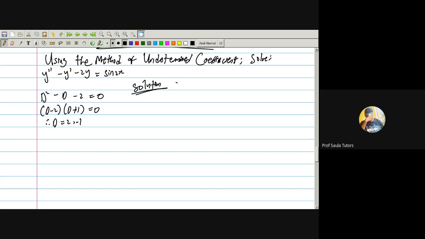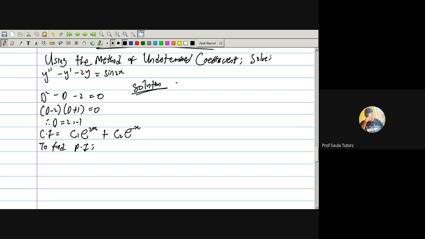So our complementary function will be equal to C1 exponential 2x plus C2 exponential minus x. We have already learned something like this. Now, the next one is to find the particular integral.